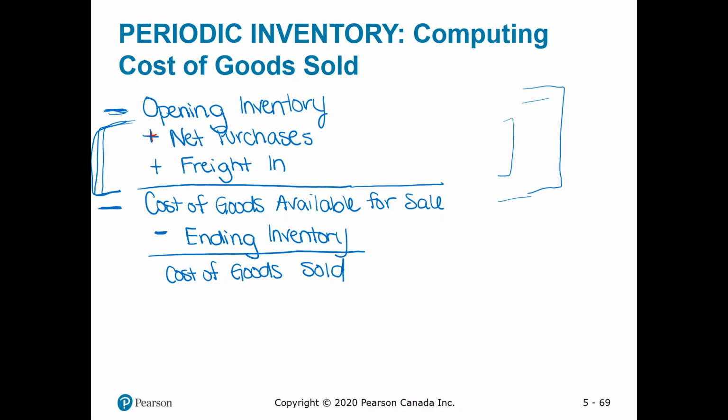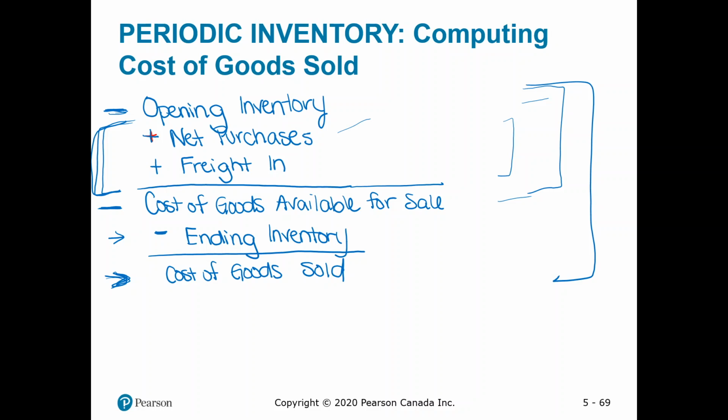So these are the goods that are available for them to sell. They go through the whole year. They do all of the selling that they can. At the end of the year, they are either left with some amount of inventory or they sold it. So this cost of goods available for sale is broken out into either what they've sold or what they have left. So we're able to count their ending inventory to know what's left, and therefore we can figure out the total amount that was sold. So obviously it doesn't happen like that in real life. They're buying throughout the year, selling throughout the year, but you're still able to use the same formula to calculate your cost of goods sold.